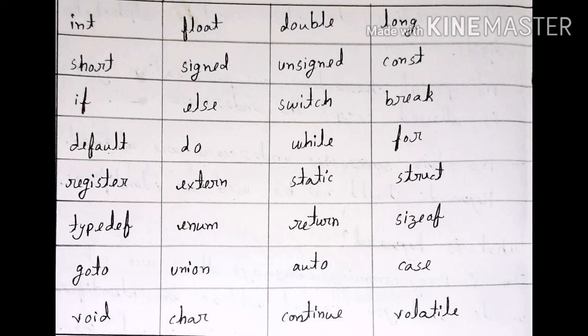So this is the chart of 32 keywords: int, float, double, long, short, signed, unsigned, const, if, else, switch, break, default, do, while, for, register, extern, static, struct, typedef, enum, return, sizeof, goto, union, auto, case, void, char, continue, and volatile.